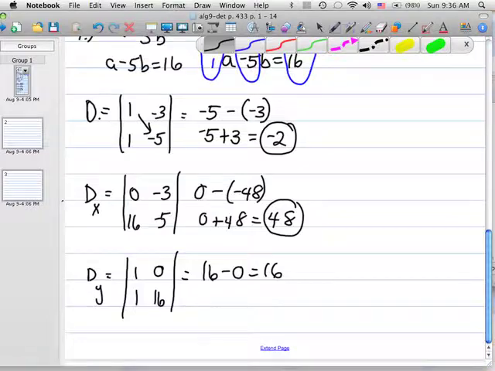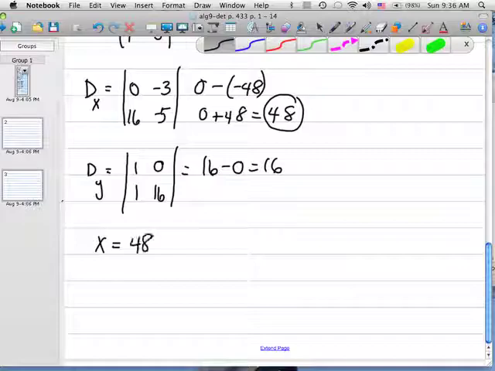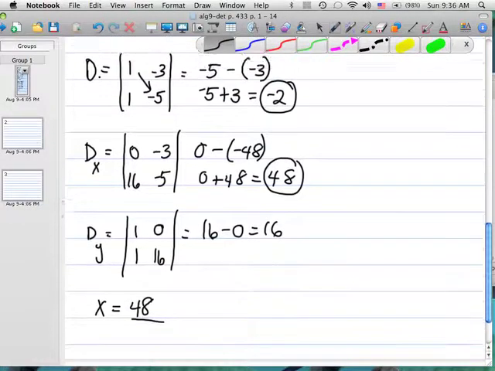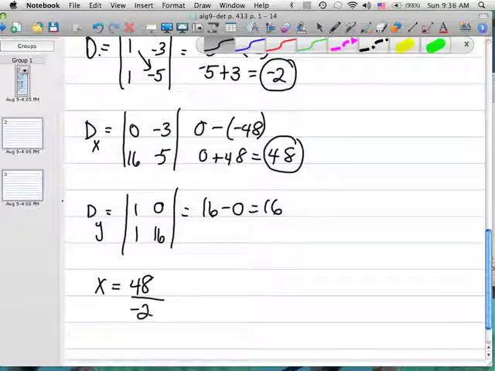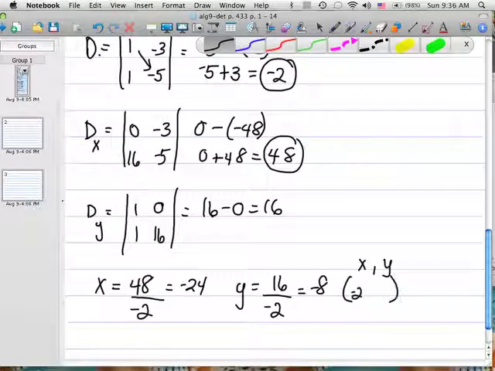So my values for X and Y: X equals 48 divided by the determinant of the coefficients, which was negative 2. So that equals negative 24. And my Y value is equal to 16 divided by negative 2, which is negative 8. So my ordered pair is X, Y, negative 24, negative 8.